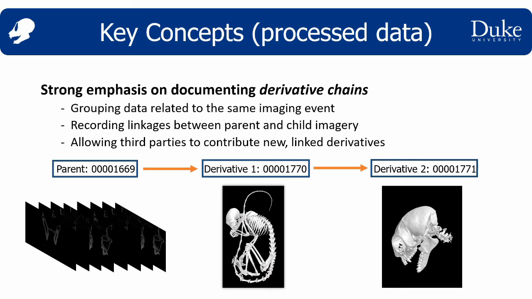And then derivative 2 would be linked as, maybe, a cropped-off head of that specimen as one example of that scan. And this framework allows for third parties to contribute new derivatives while maintaining the provenance of the original scanning event.